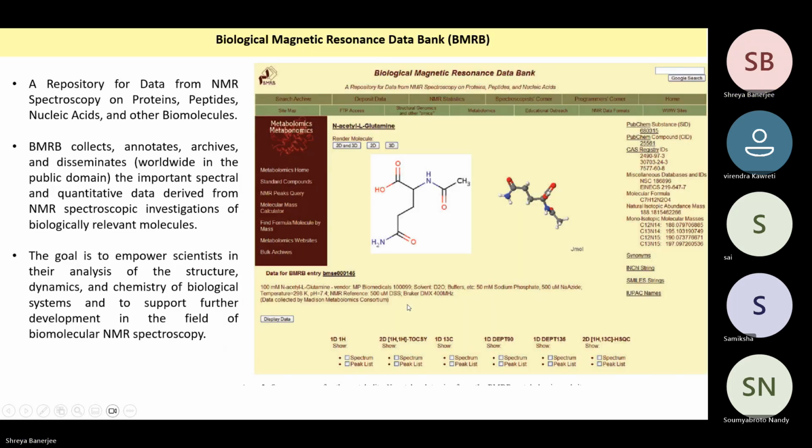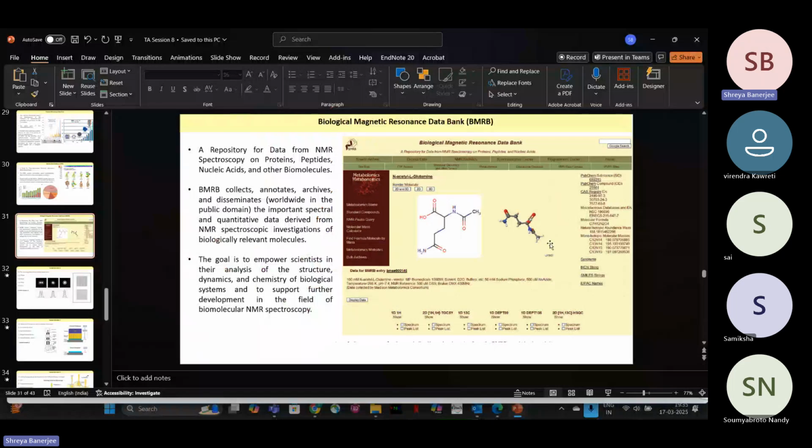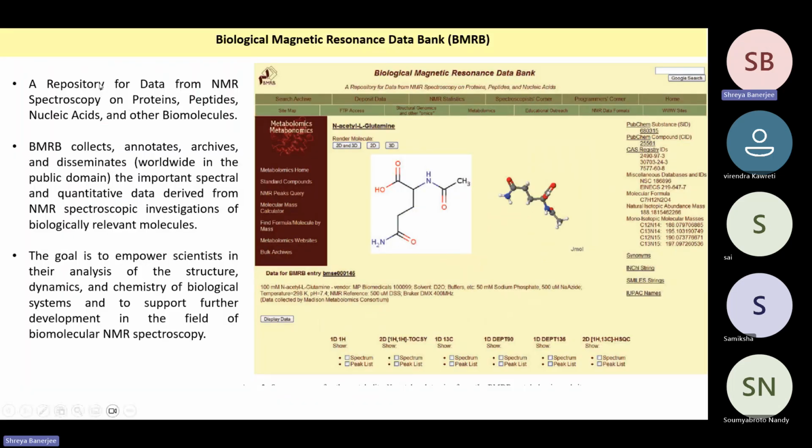Then you have the Biological Magnetic Resonance Data Bank, or BMRB. This is a repository for data from NMR spectroscopy on different proteins, peptides, nucleic acids, and other molecules. So for any protein or peptide or other biomolecule, it will give you the 1H spectra, it will give you the 13C spectra, and it will also give you different 2D spectra and everything.